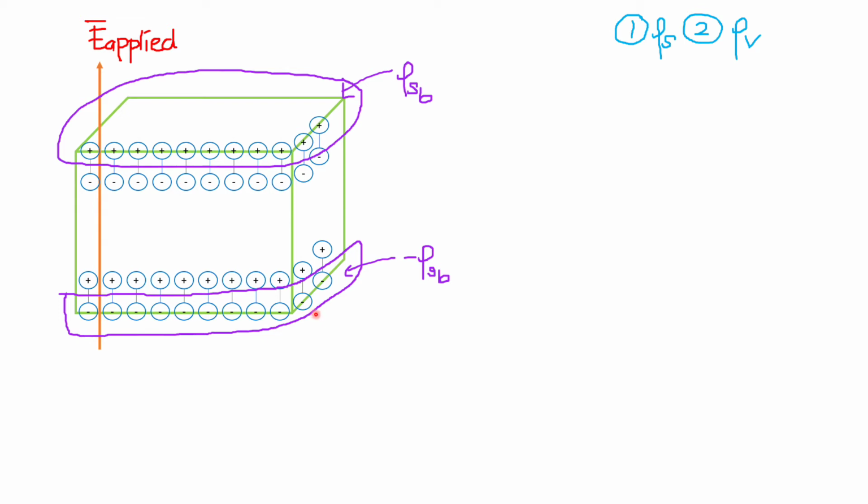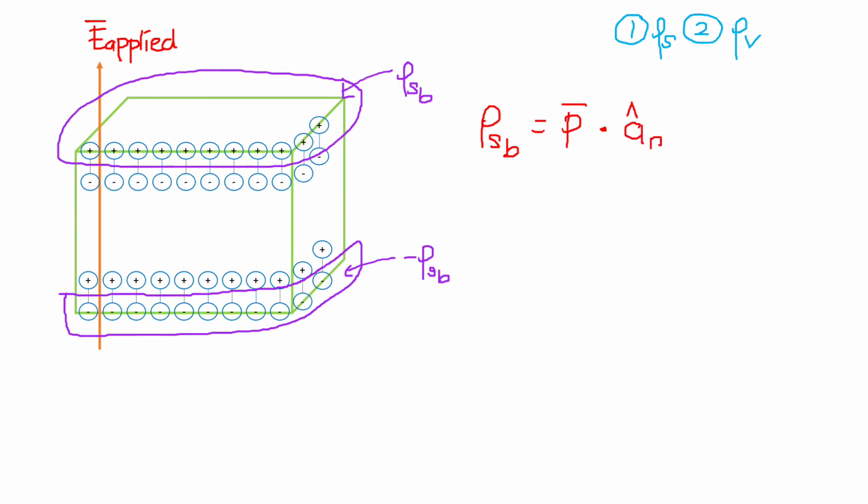Now we can see that this rho SB will be affected by the polarization vector. So from that we can write a new equation where rho SB is equal to the polarization vector dot a unit vector.